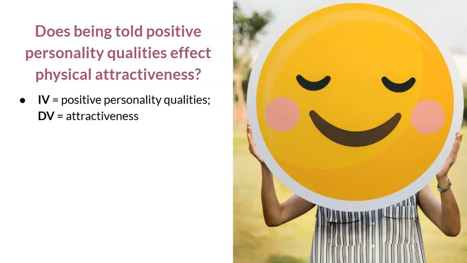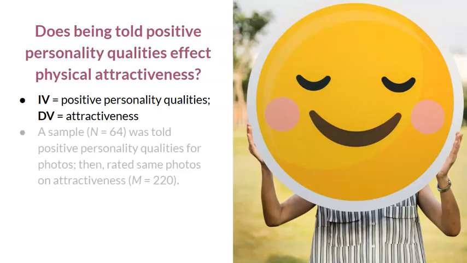This research study is telling positive personality qualities to the sample. The positive personality qualities are the independent variable, which is being manipulated by the researcher. Physical attractiveness is being measured to determine if being told positive personality qualities worked. Physical attractiveness is the dependent variable.